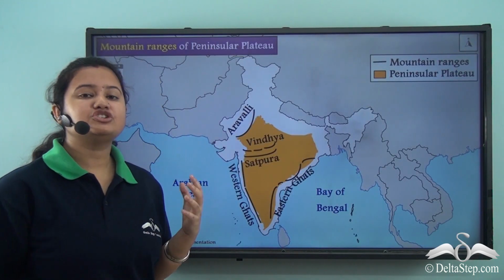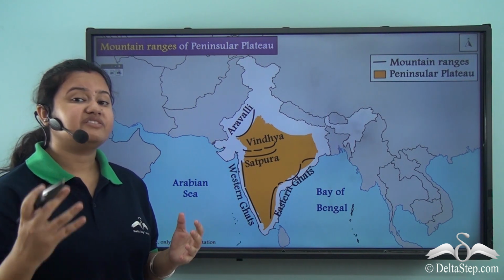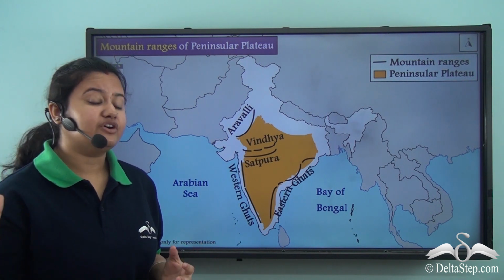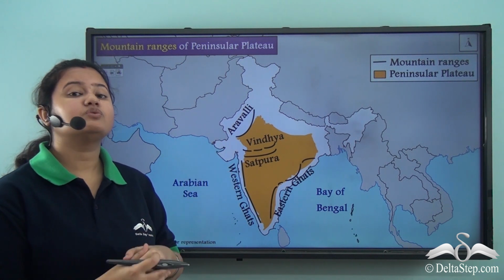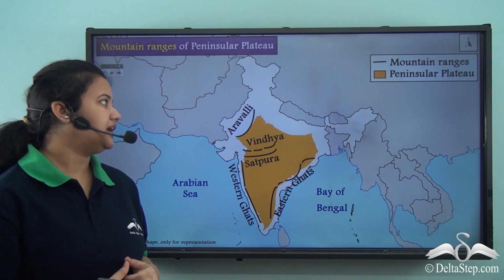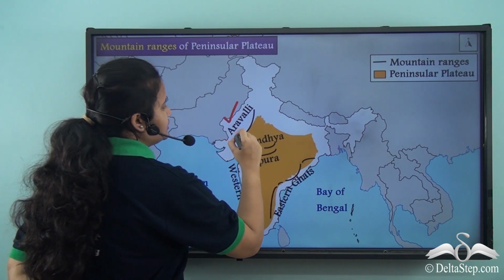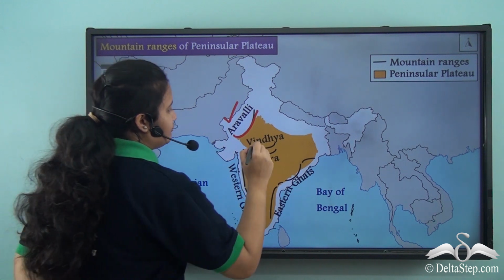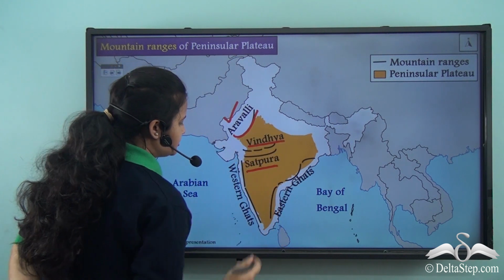So, as mentioned just now, the topography of Peninsular Plateau is very uneven, and here we can find many mountain ranges. The important mountain ranges of Peninsular Plateau are Aravalli, that lie to the extreme northwest. Then we have Vindhya and Satpura in the central part of the plateau.